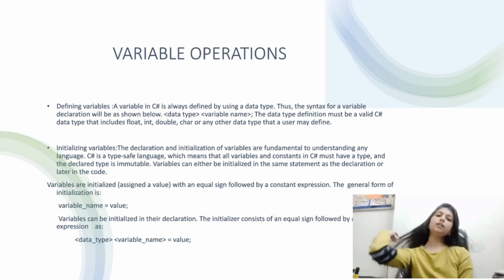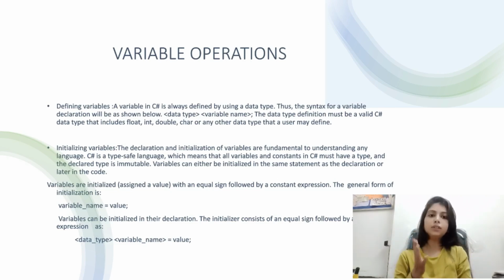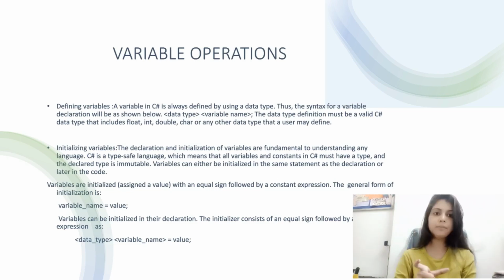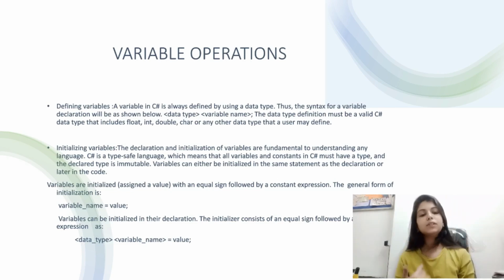That means the variable should have a data type such as int, float, and various other types which are mentioned in the data types. So a data type has to be defined for a variable. In this way, a variable is defined.